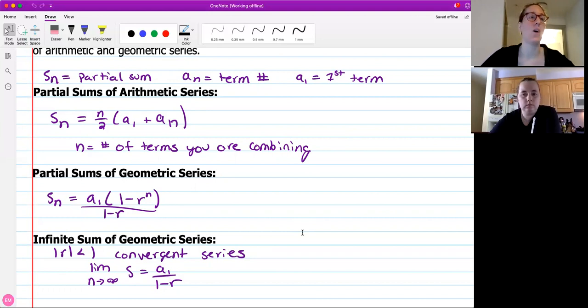And from last night's homework, if you looked at problem 8, it was kind of getting you to see this coming. I think it was 7 and 8. 7 had you listing out the sum of the first 10 and the first 20, then the first 200. And you could see that eventually it was approaching just one value, and the reason is because your common ratio was a fraction.